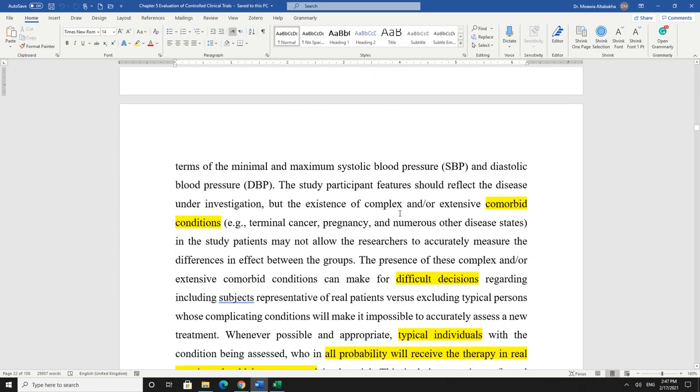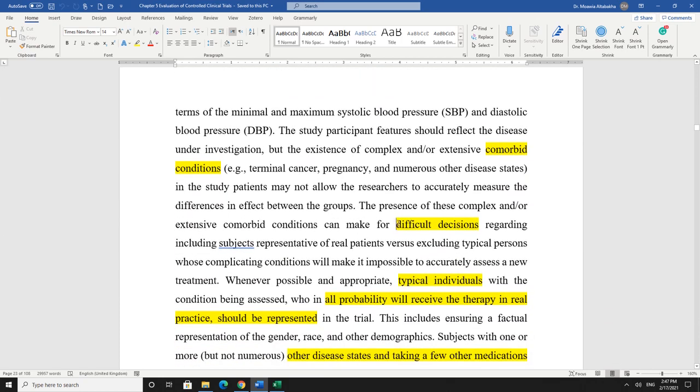طيب, usually it's a difficult decision to make when we list the inclusion and exclusion criteria, but in general we should always think, and this is the ideal case, we should always think about the population having the disease condition. For example, if I'm thinking about hypertension, then I cannot say, okay, I will take people only having hypertension without any other disease.